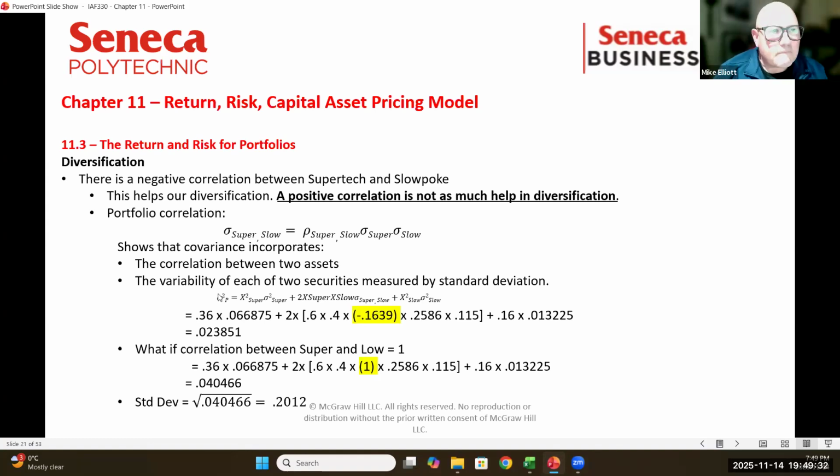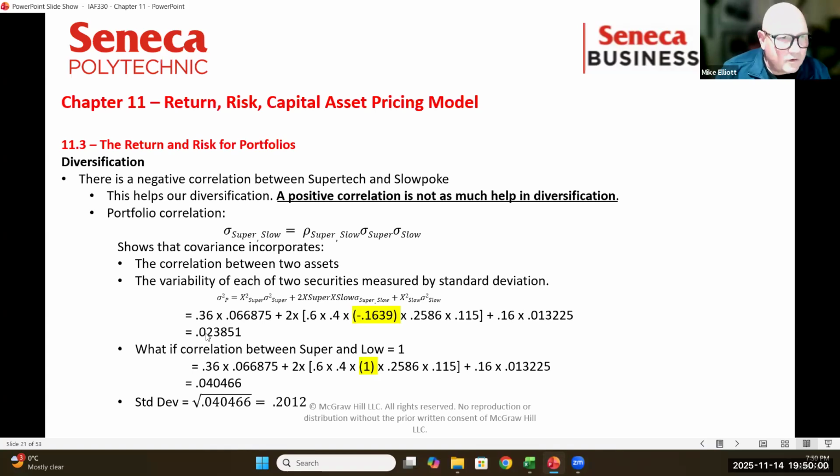Let's have a look. So we have 0.36, which is the 60% squared, times the variance, plus 2 times 0.6 times 0.4 times this negative correlation, times the two standard deviations, plus 0.16, which is the 40% squared, times the variance for slow.